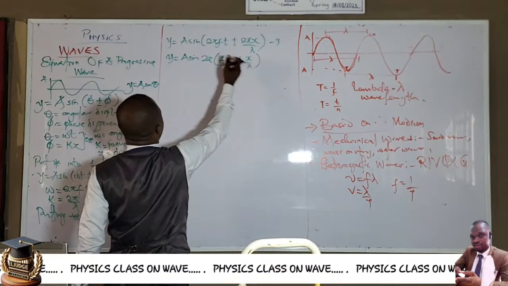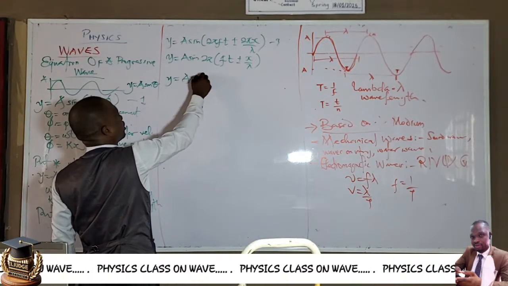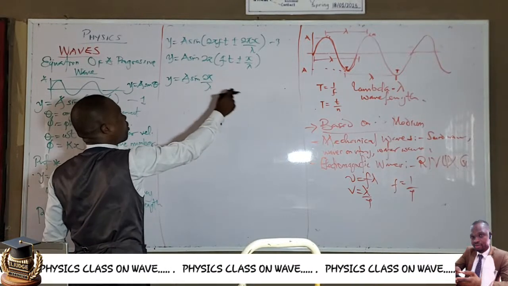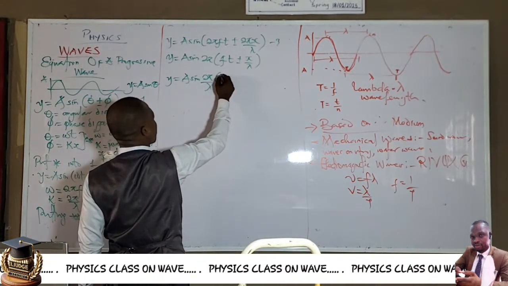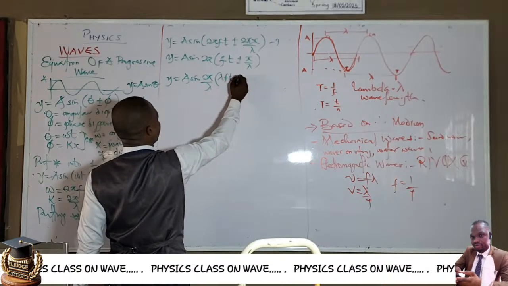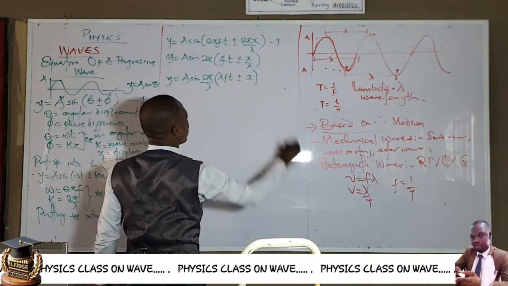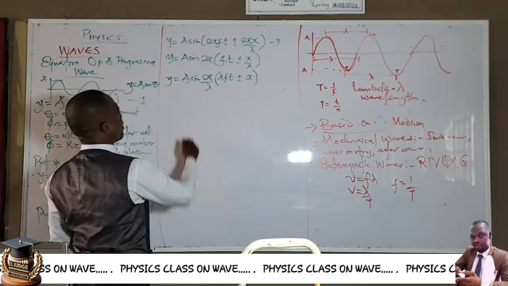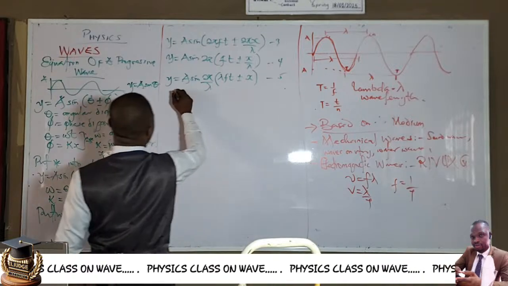Now let's bring 2 pi over lambda outside. Then I will have lambda f t plus or minus x. Lambda will cut into that, so plus or minus x. Let's call this equation 5.